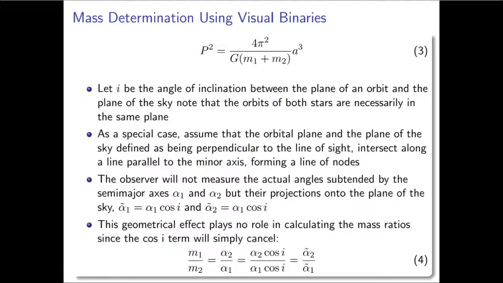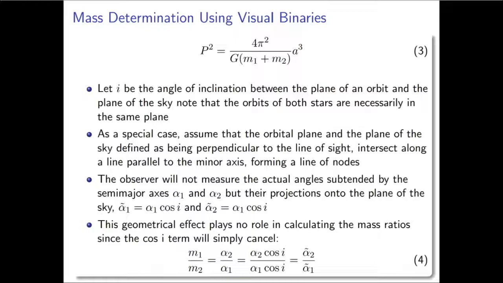Now I am taking three planes. One plane is my observation plane, the plane from which I am making my observation. Another is a sky plane, or universal plane, that is the plane which is flat and perpendicular to my observation plane, and another is the orbit plane.